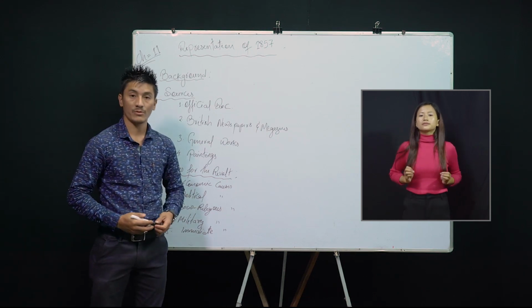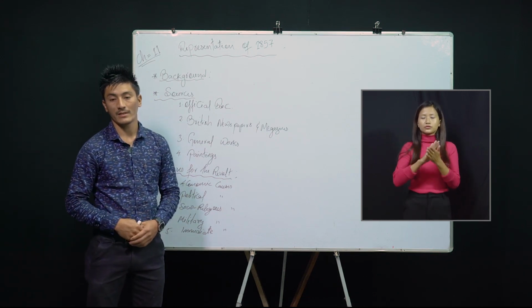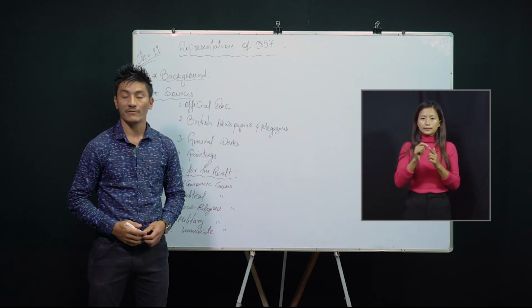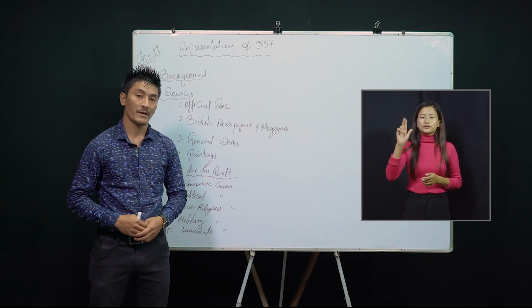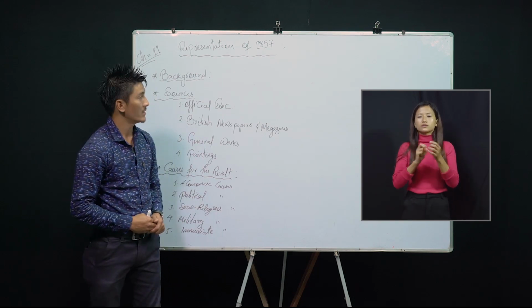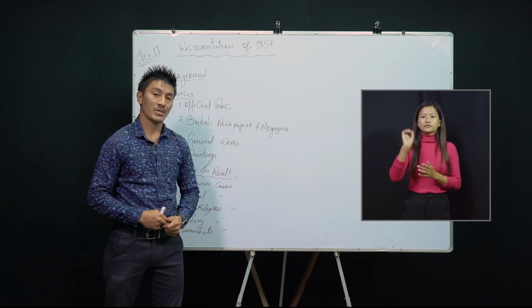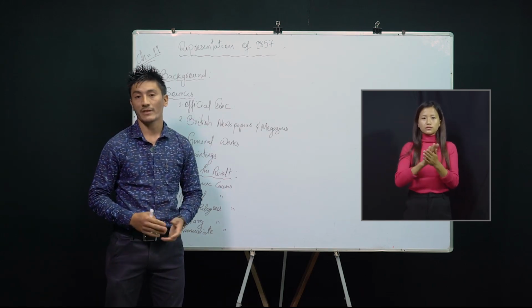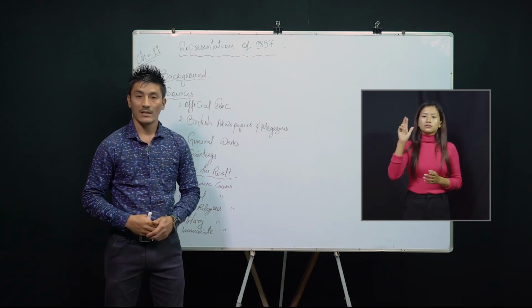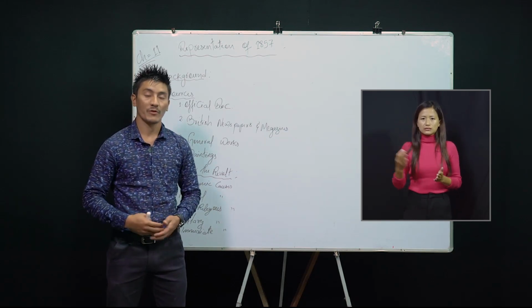We will start a new chapter today, that is Chapter 11, Representation of 1857, popularly known as the Revolt of 1857. This chapter will not be a new topic for you.